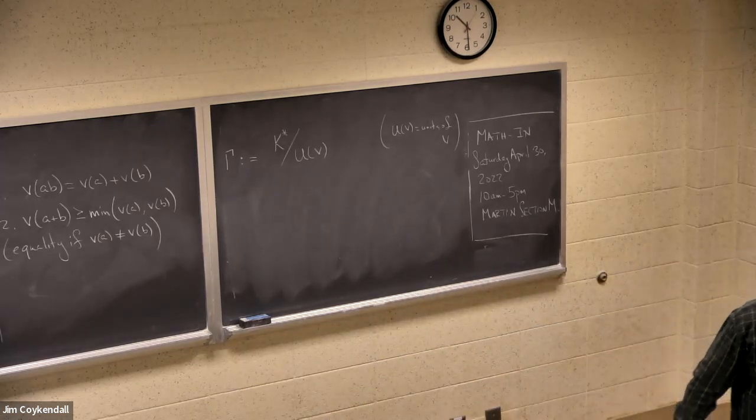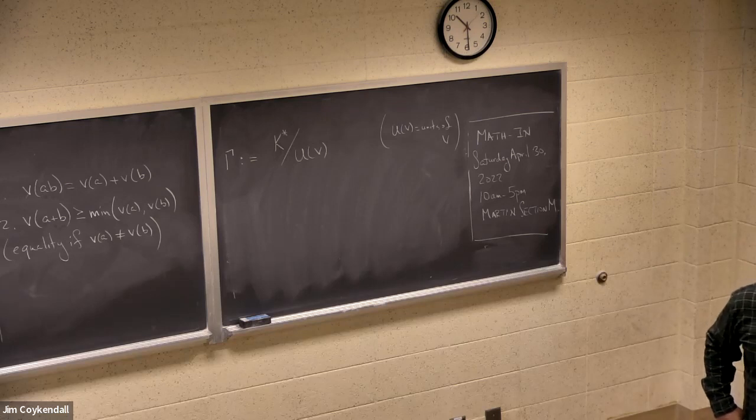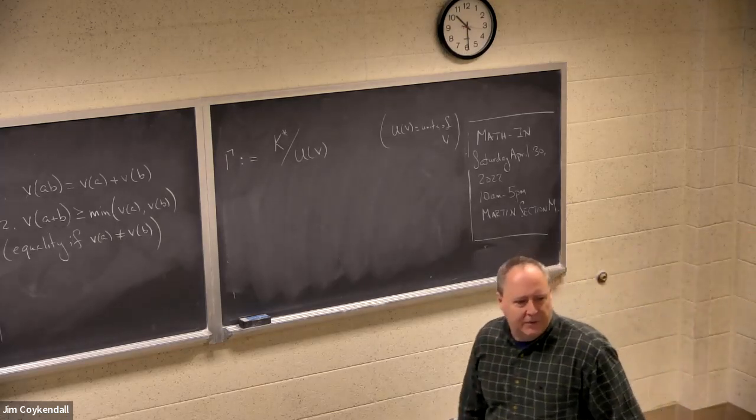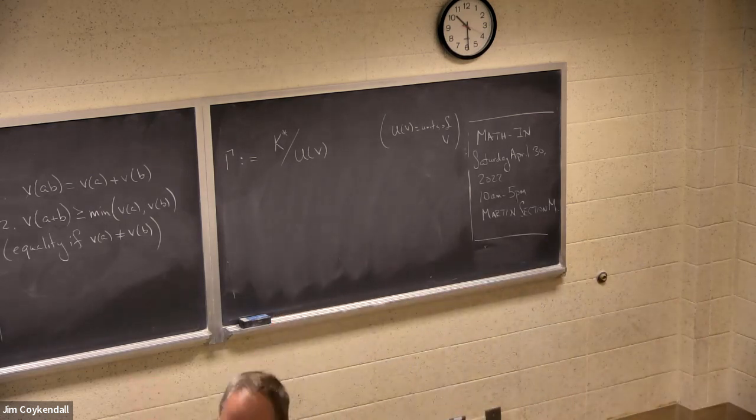The units of V, well, certainly it's not empty because V has an identity, so it's got at least that going for it. And in fact, I claim, forget the fact that this is a valuation domain with properties 1 and 2, you can do this for any domain.